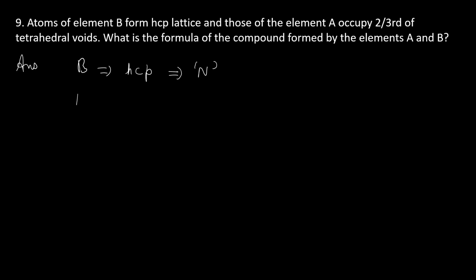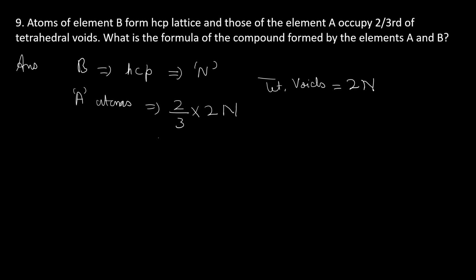Now A atoms occupy 2/3 of tetrahedral voids. I have told you if n atoms are involved in packing, then tetrahedral voids will be equal to 2n. And out of these 2n, only 2/3 of the voids are occupied. So 2/3 into 2n becomes 4/3 n.